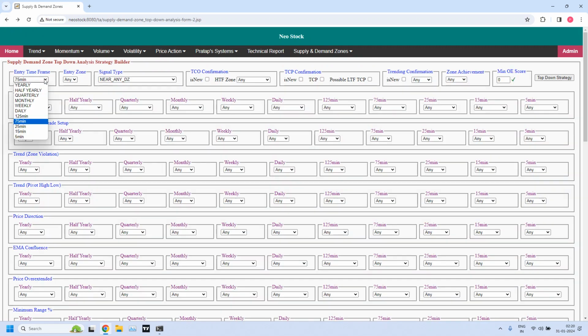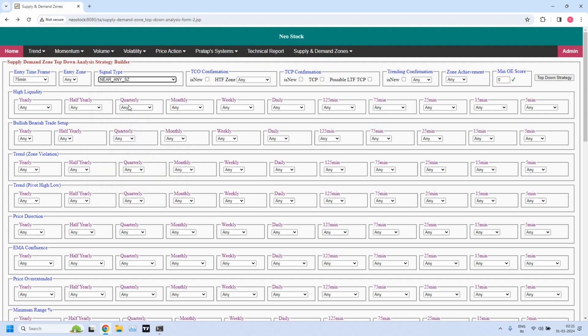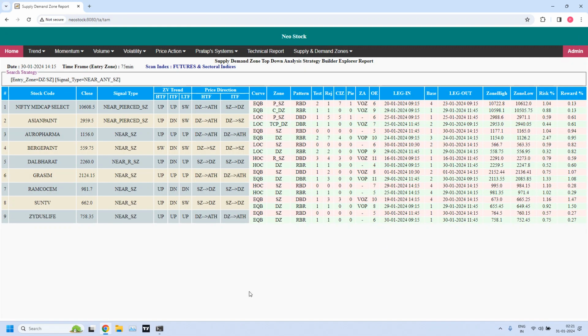For 75 minutes time frame, let us find the stocks near 75 minutes supply zone. So 9 stocks are filtered. Let us find any high liquidity supply zones. So here we have Dalmia Bharat, a high liquidity zone.